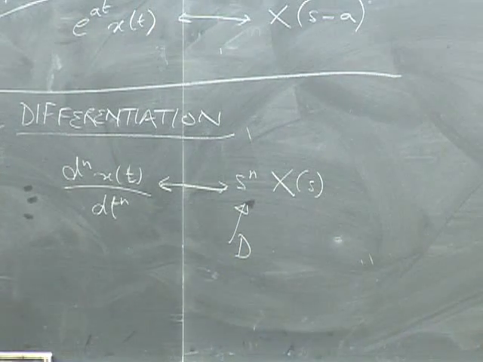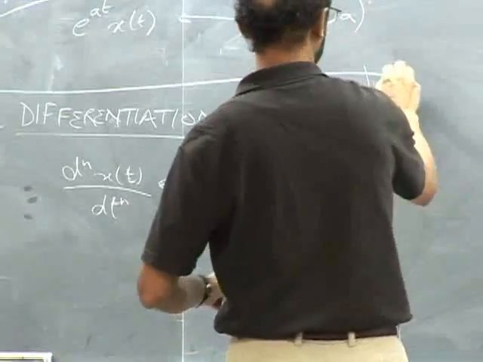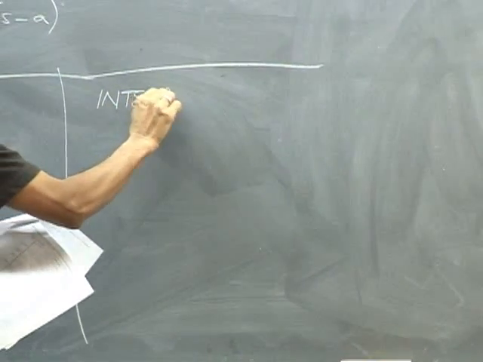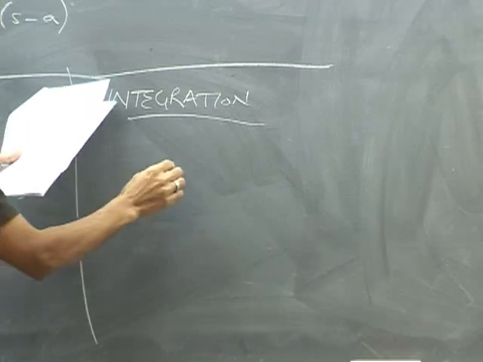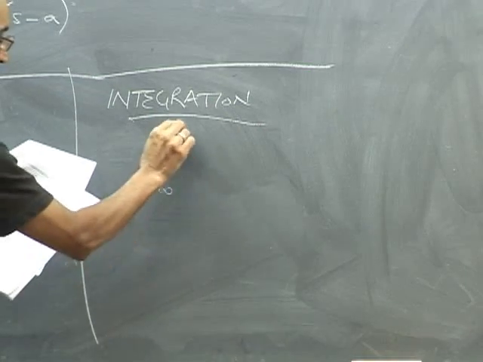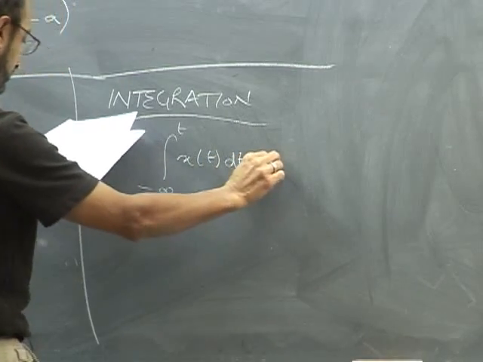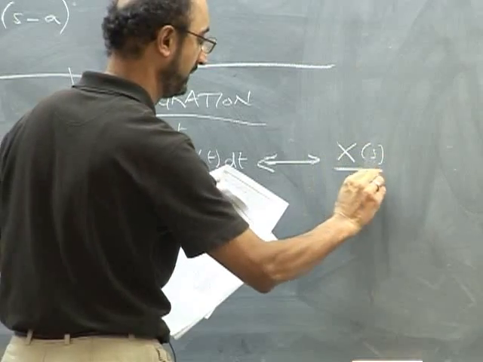I'm going to write this stuff for integral, and then I'll stop. The integral is more or less the opposite of this. Integration basically says that the integral from minus infinity to t of x of t dt, the transform is going to be X of s by s.